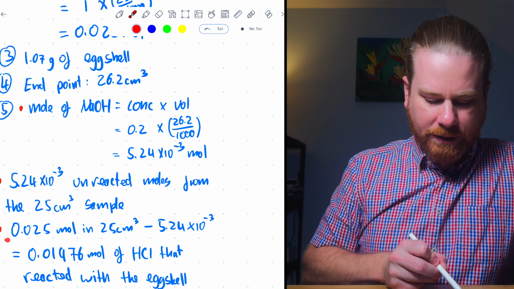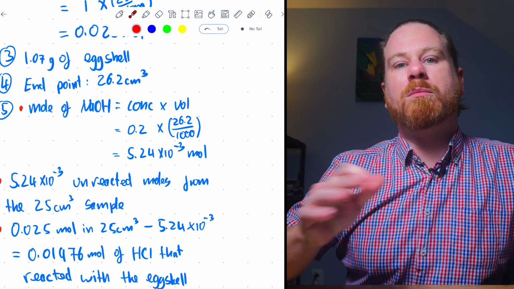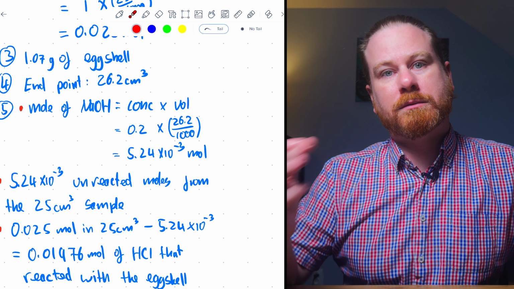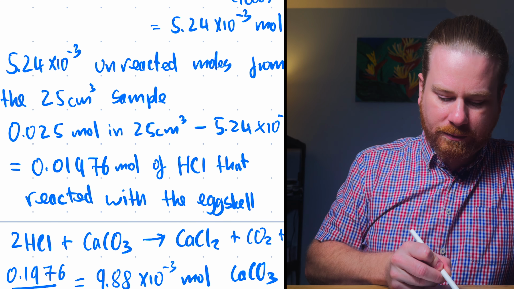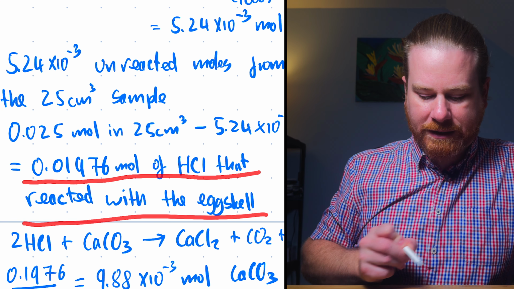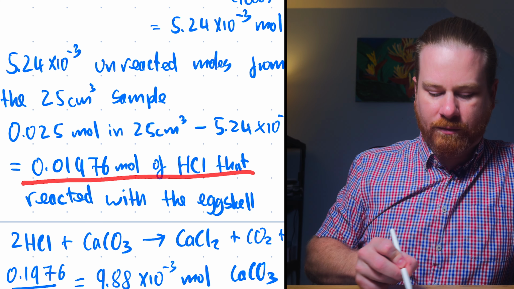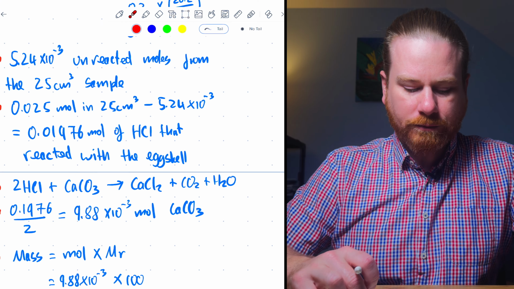We know we had this many moles at the start, but we're now going to subtract the moles that reacted with the sodium hydroxide in the titration. So now we know the exact number of moles that reacted with the eggshell. That's the really key point here. Now we know how much acid reacted with the eggshell.